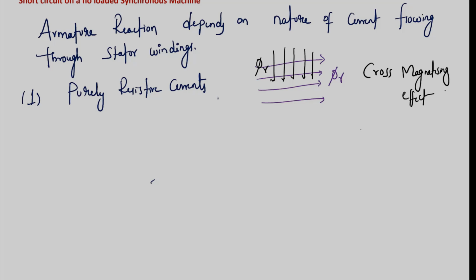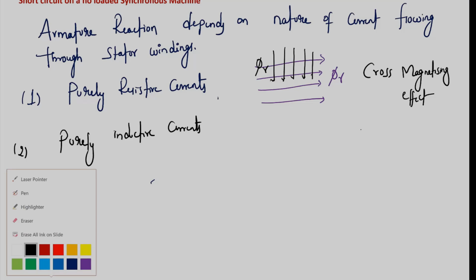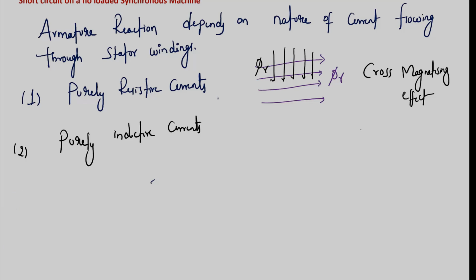Second one, if the armature windings carry purely inductive currents, then your armature reaction will be as follows. Suppose this is my main field flux. My armature flux, my stator flux, will be opposite to this one.